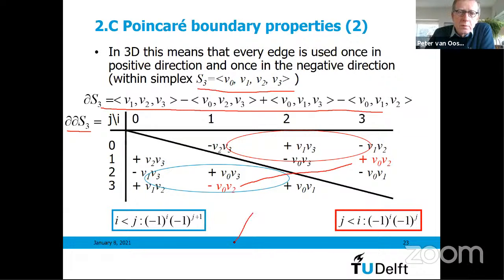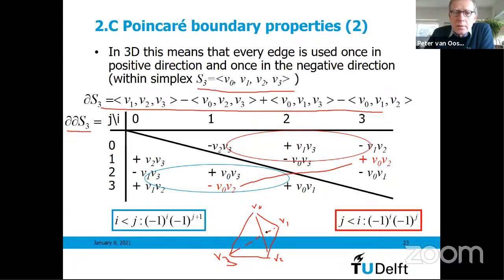So this is if you would draw the tetrahedron like this. This is back, and if you would have this edge, we call it V0 over here, V2 over here, and V1 and V3.